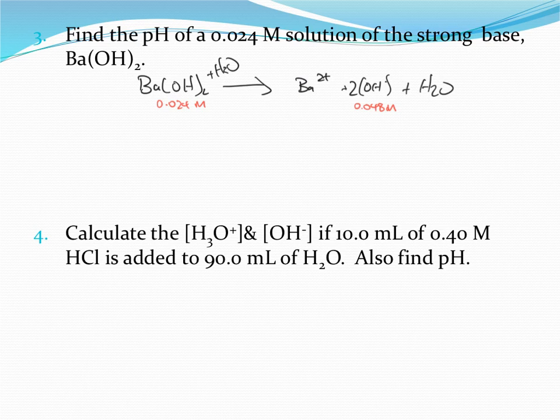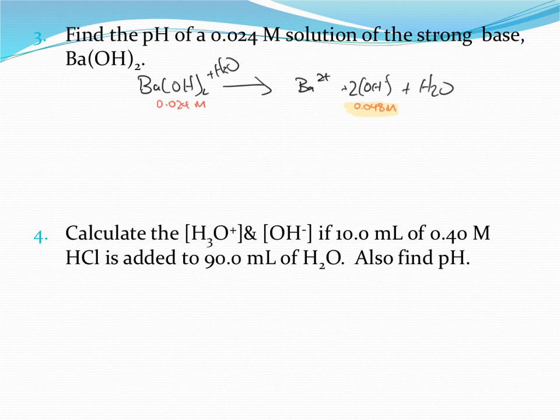Now it does ask us to find the pH, so we do need to use our concentration here to find what the hydronium ion concentration would be.